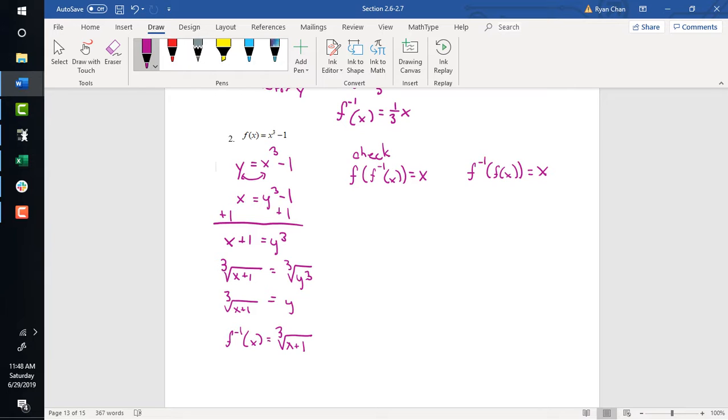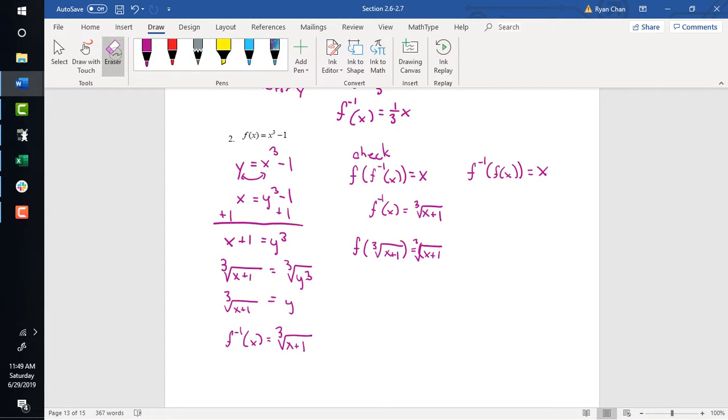So I'm going to do the following here. My inverse is, right, we know f inverse of x is cube root of x plus 1. And then I'm going to plug this right into my f of x. So it's going to look like this. F of cube root of x plus 1 is going to be equal to cube root of x plus 1.